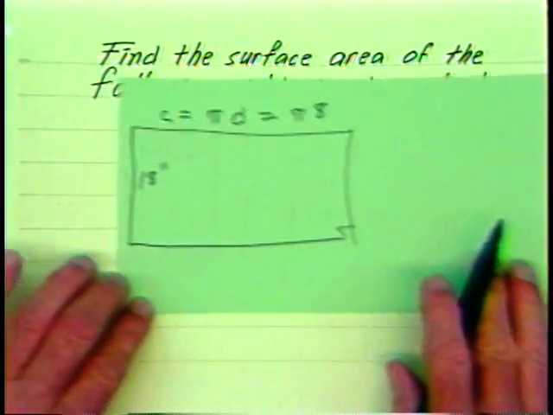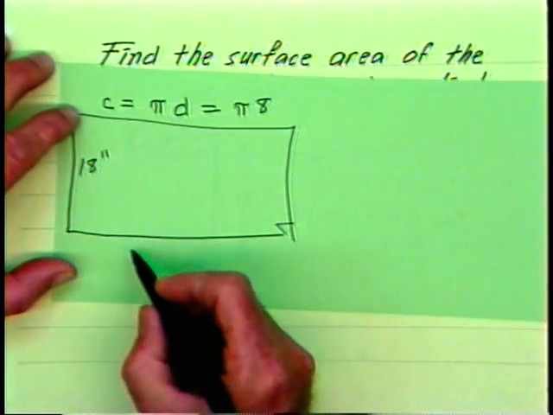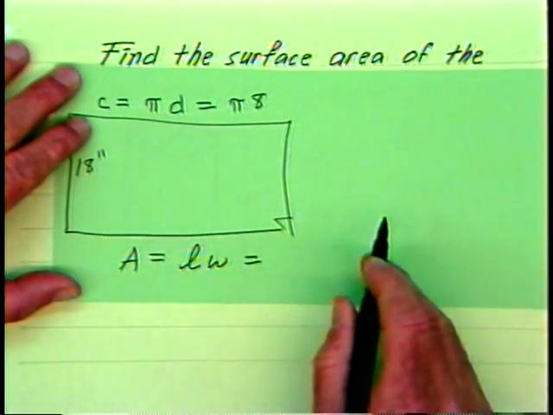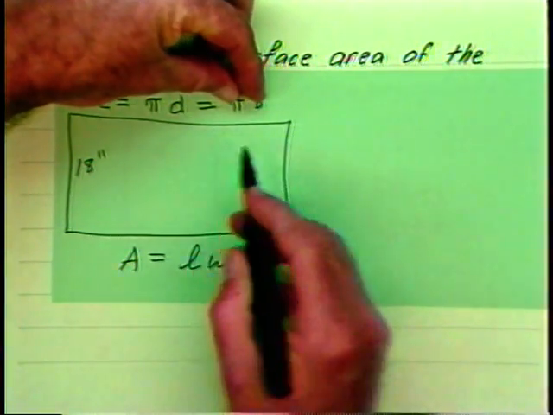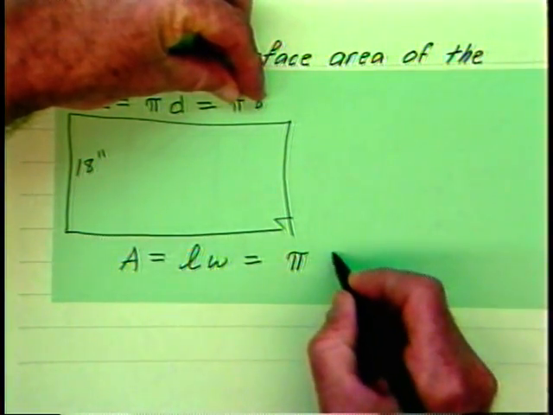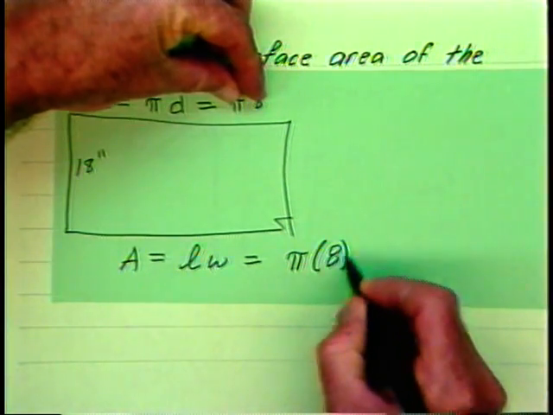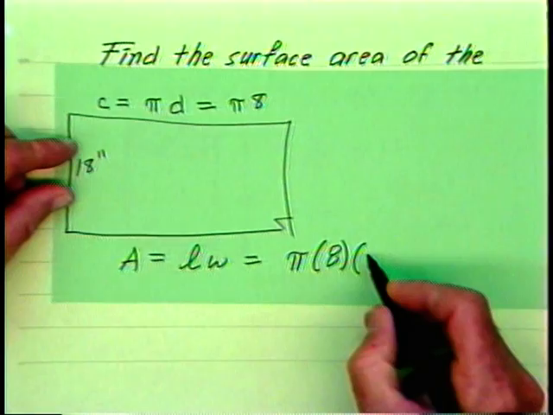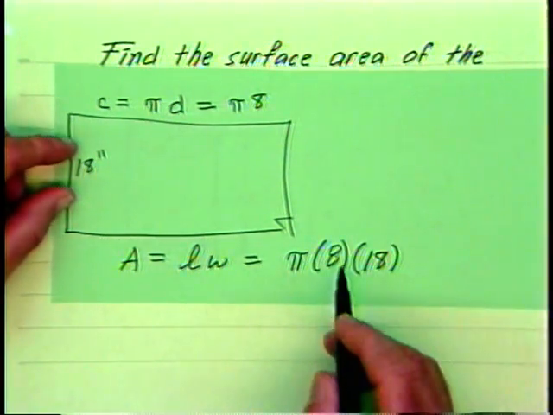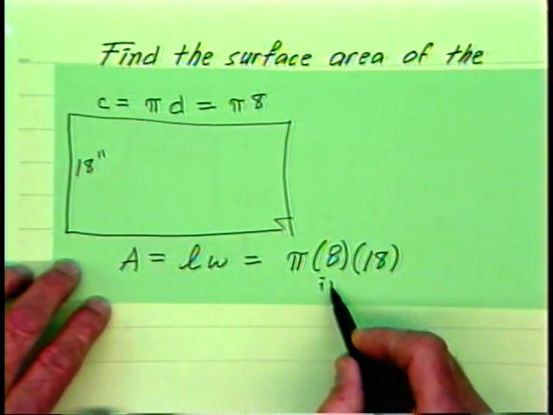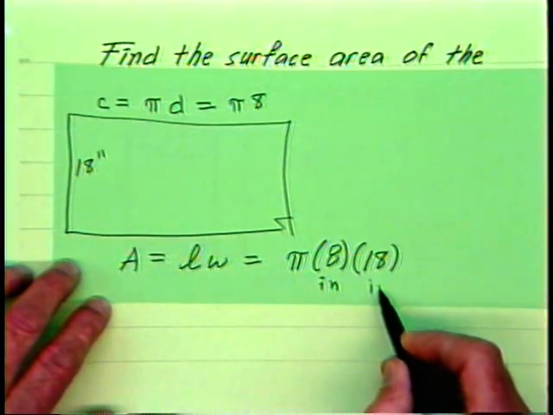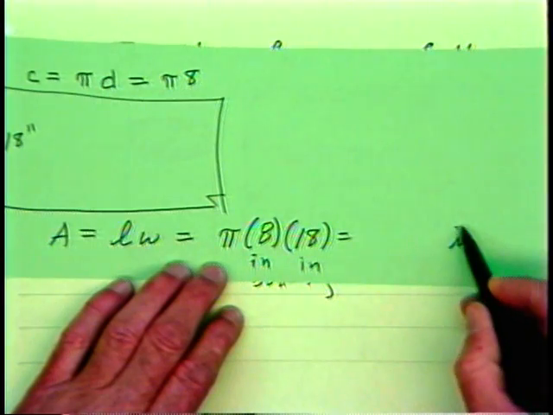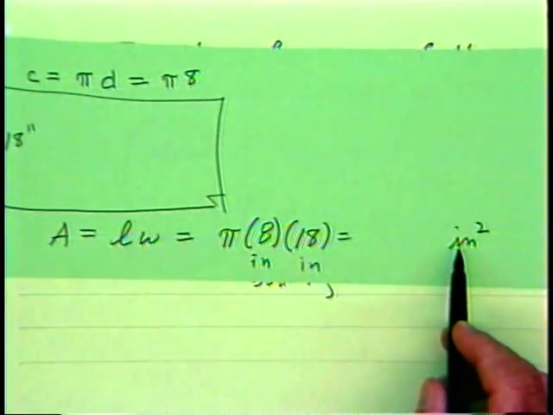So we have a rectangle, and the area of a rectangle is length times the width, and the length is my pi times 8, and my width is 18. Now note, my length is in inches. My width will also be in inches. So if I multiply those, I will get square inches, which tells me I am dealing with area.